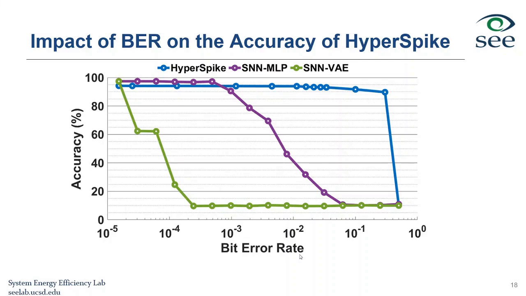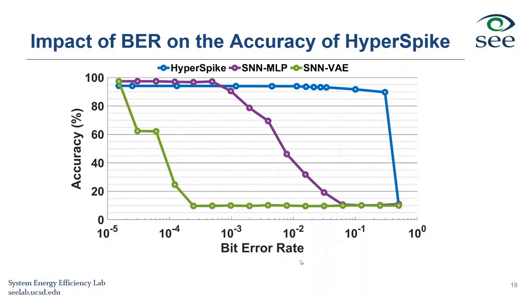But depending on which bit you flip in the SNN MLP or SNN VAE, they can have varying amounts of error incurred. For example, if you flip a lower bit, it's not as much error, but if you flip the most significant bit, then there's a lot of error that's added in the other models.